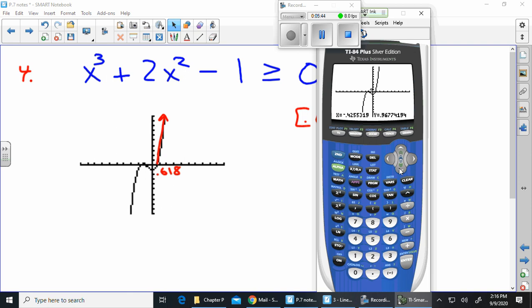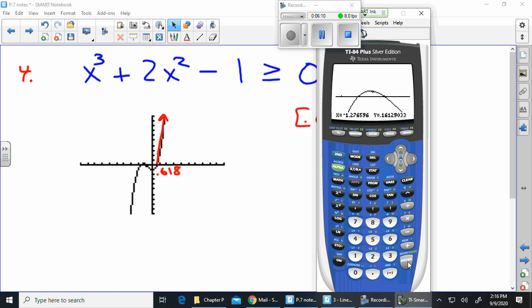So I'm at -0.5. I press enter and it becomes a square. Then I move left and down and you make a box. You then press enter and it gives you that little part zoomed in.